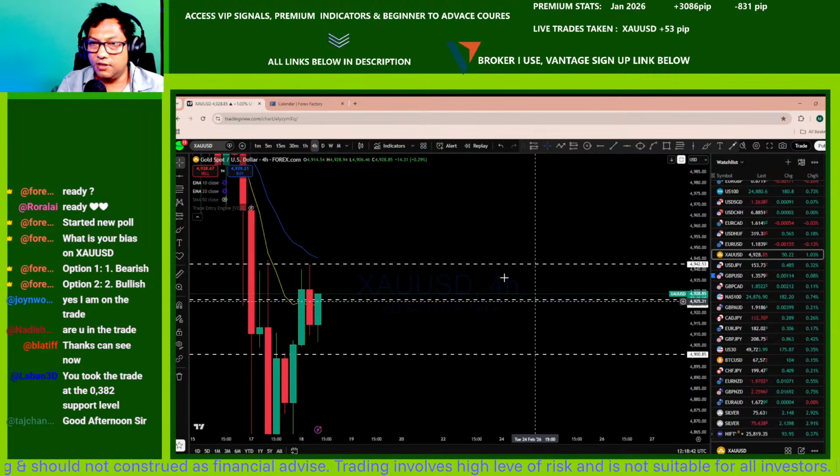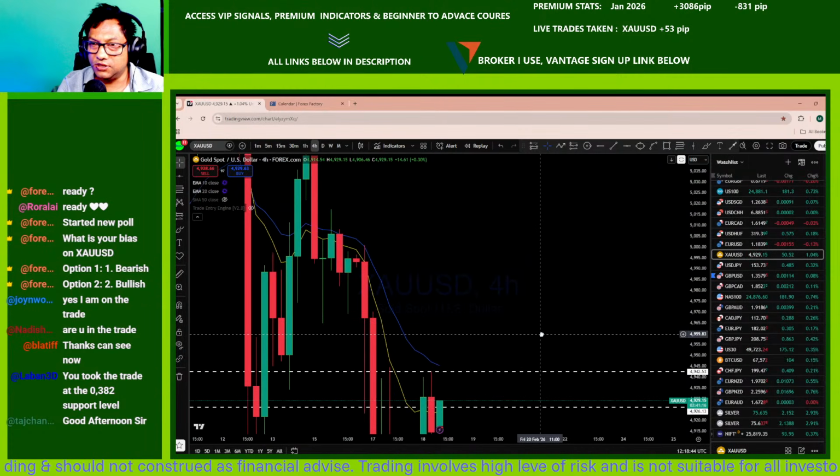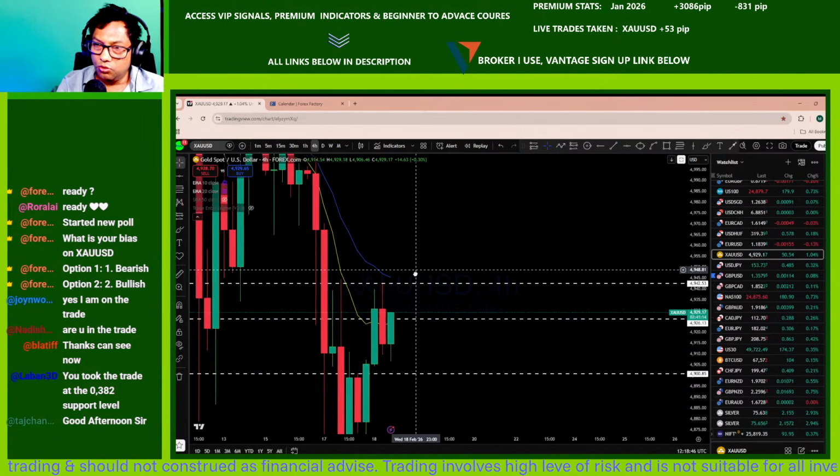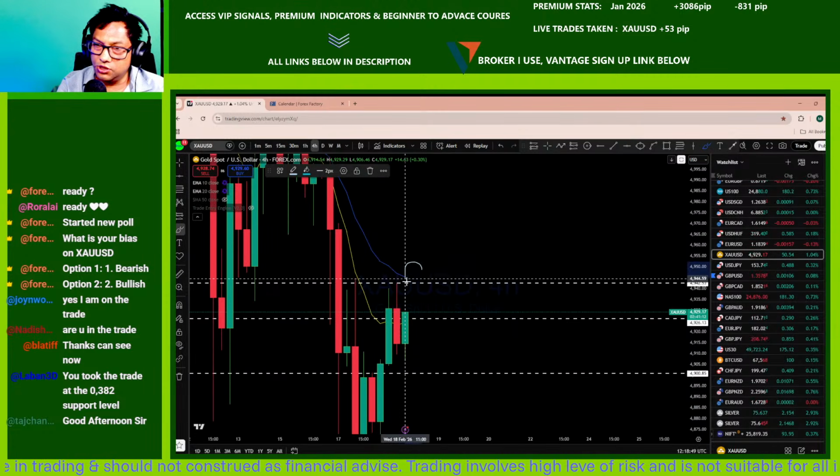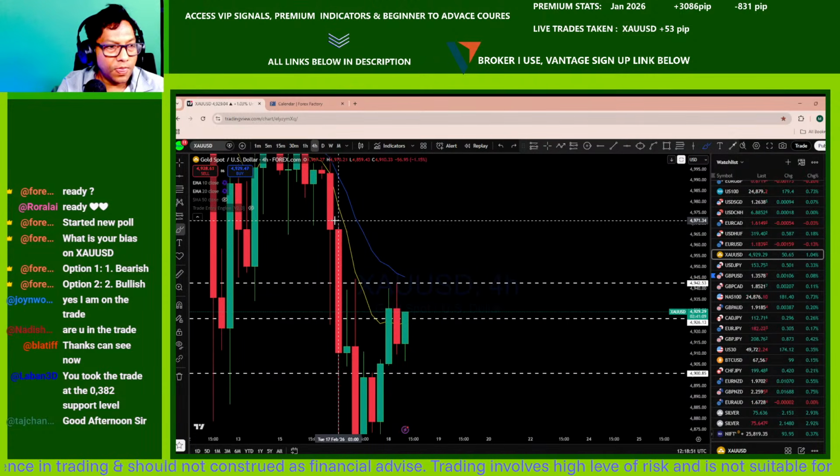Now this might bring the market to retest the 4-hour 20 EMA, where we see an opposite directional move.